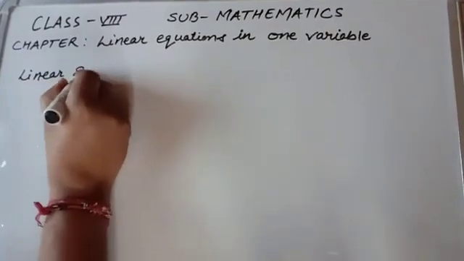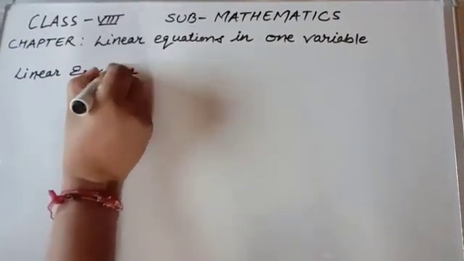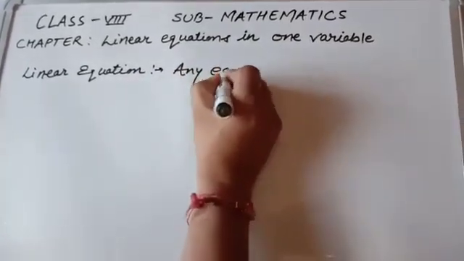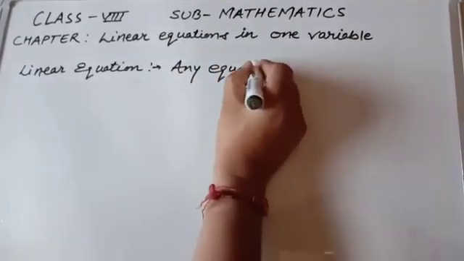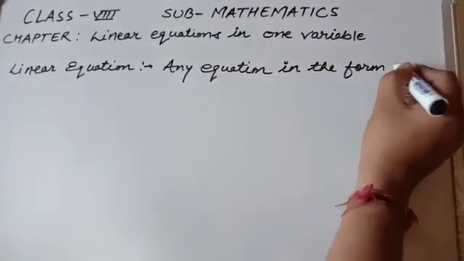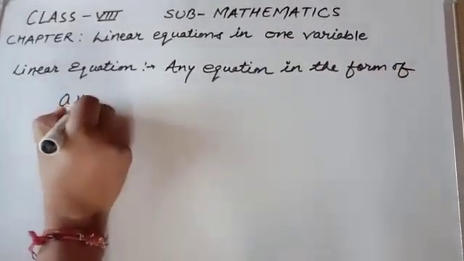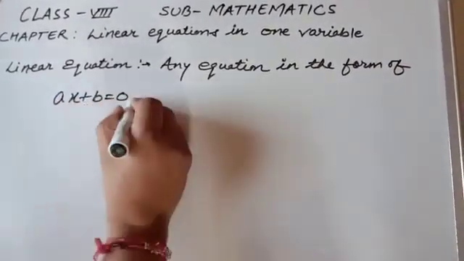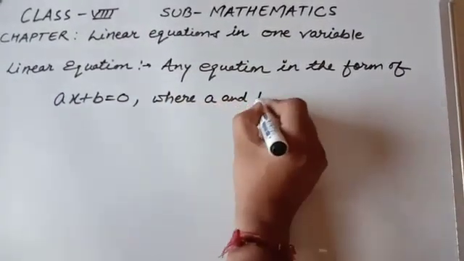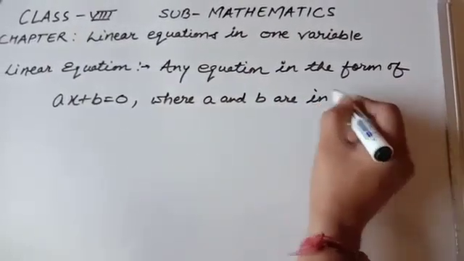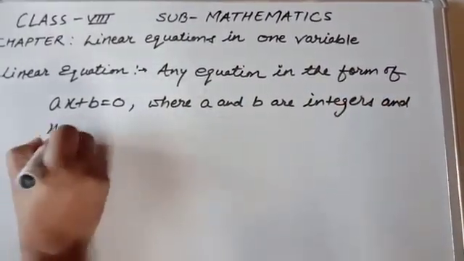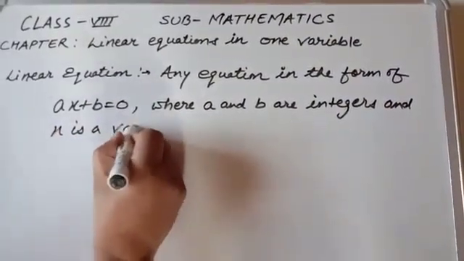Linear equation. So students, any equation in the form of ax plus b is equal to 0, where a and b are integers and x is a variable.